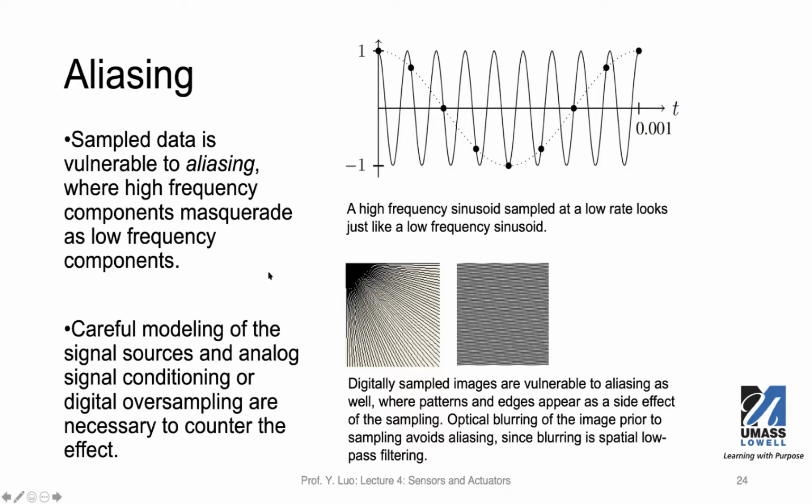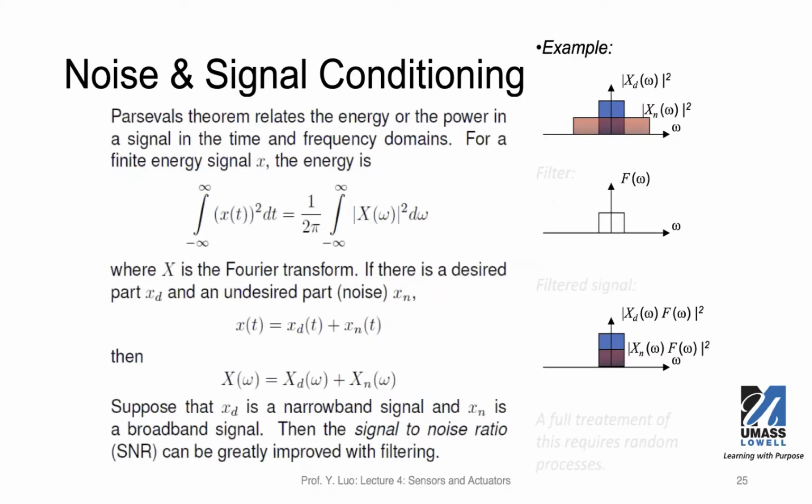So that's the concept of aliasing, and when we do the sampling using the ADC, we will talk about how we need to decide the sampling frequency to address this aliasing problem.